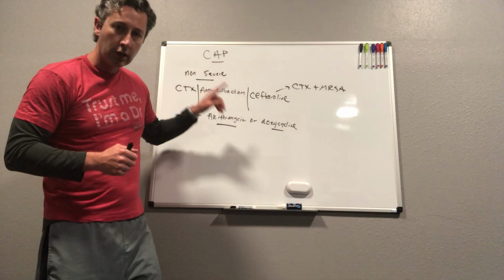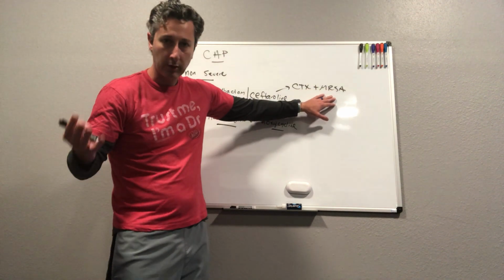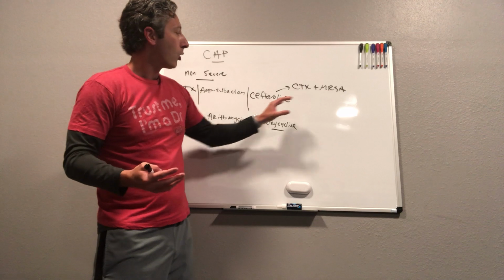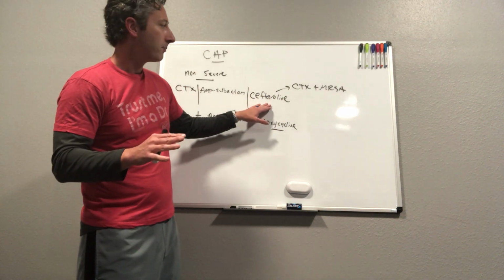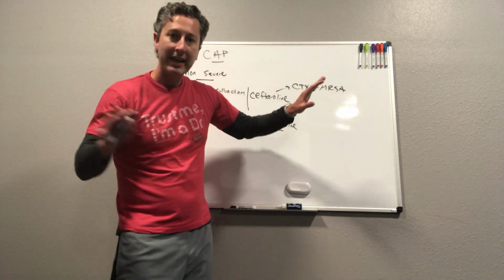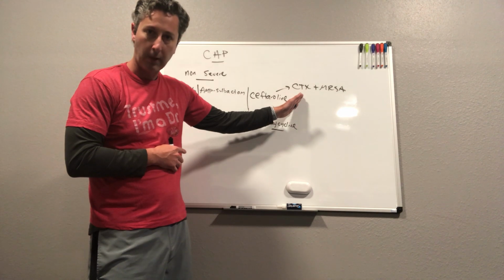But it didn't look at MRSA pneumonia. It looked at typicals, right? It looked at strep pneumo. So just because you're using ceftaroline, I don't want you to think that that's okay, it will cover MRSA. We can't assume that because the trials didn't look at it. It was just against ceftriaxone, okay?